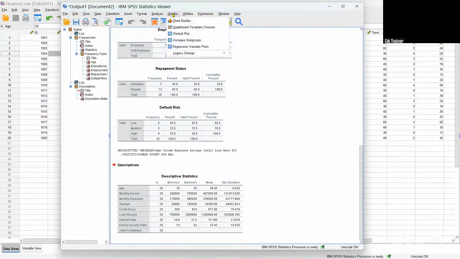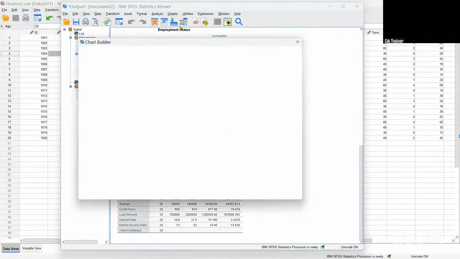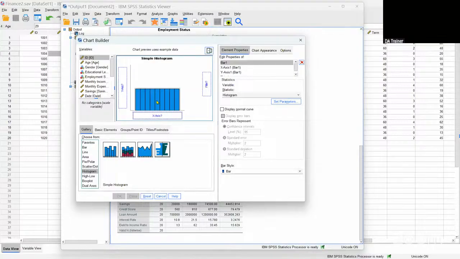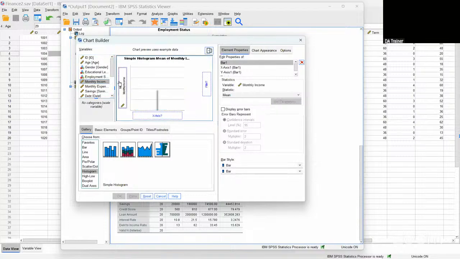Click on graph, then click on chart builder, and then under these samples, choose histogram, then drag simple histogram into the preview space, and then pick up monthly income, keep it on the y-axis, right?